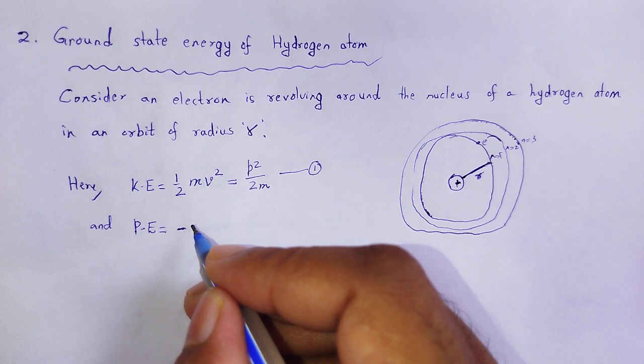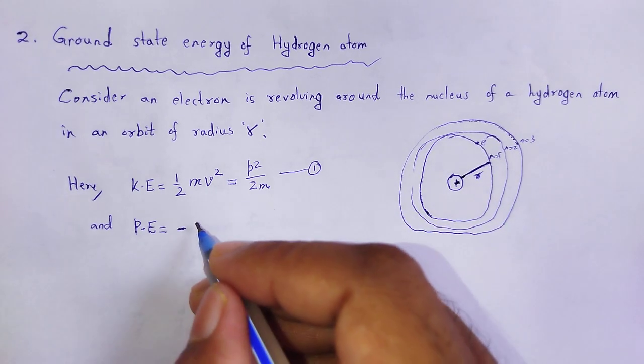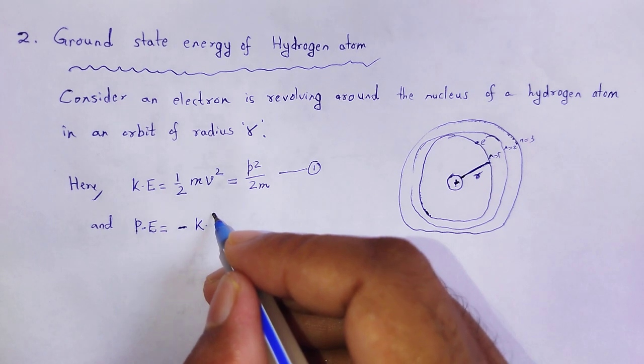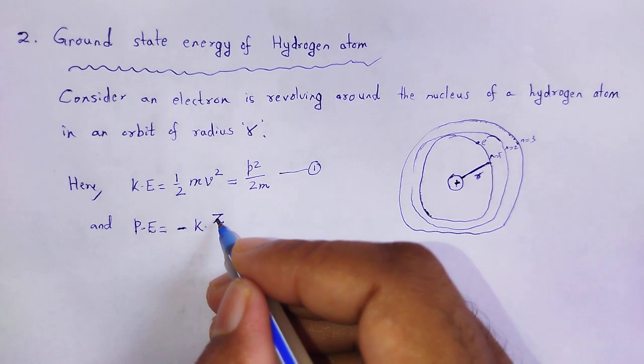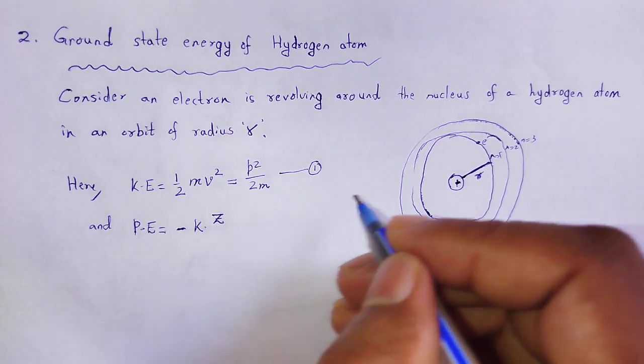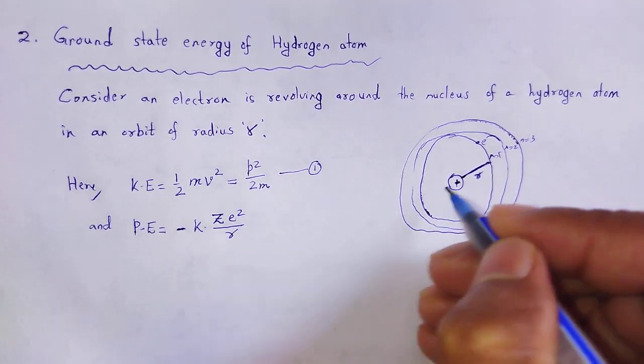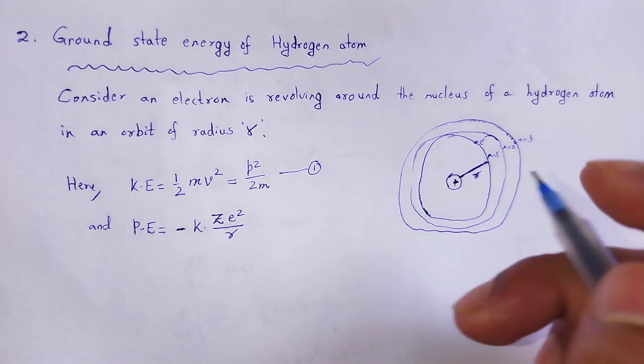is minus a constant, and Z is the atomic number, times e square divided by r, with r the distance.